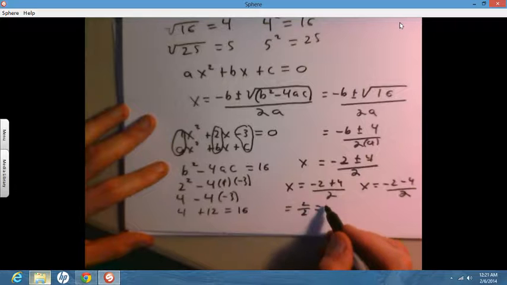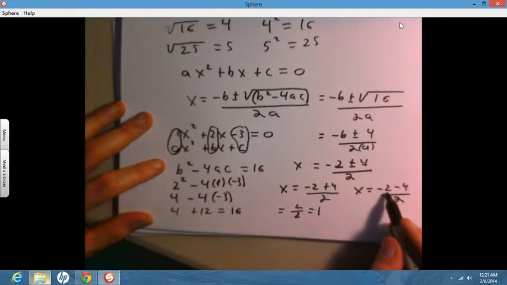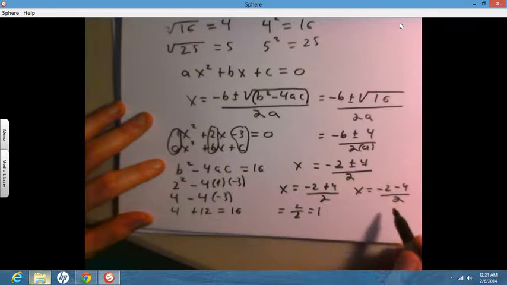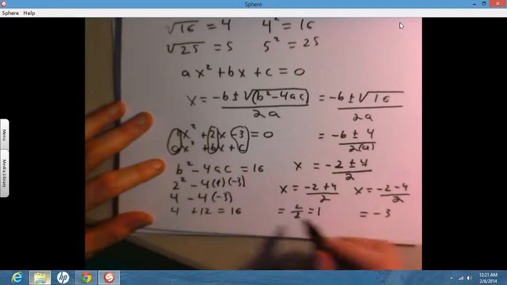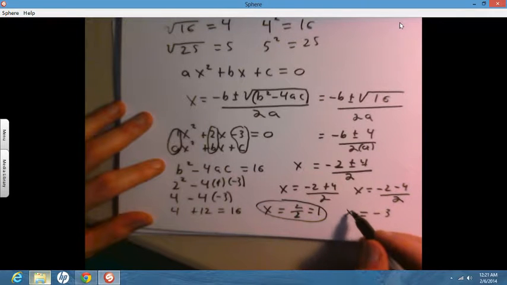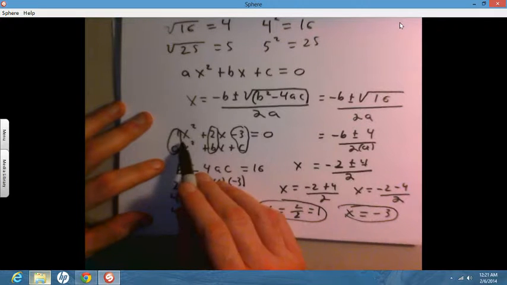So x equals 1 is the solution. And for the minus, if you're negative 2 in debt and you go out and spend 2 more, it's negative 6 divided by 2, which is negative 3. So this is equal to negative 3. So x equals 1 and x equals negative 3 are the solutions to this equation, x squared plus 2x minus 3.